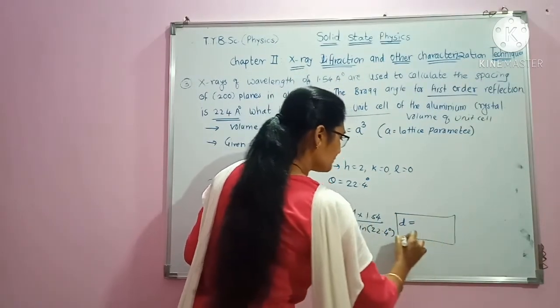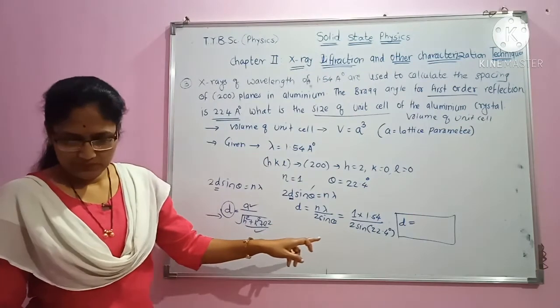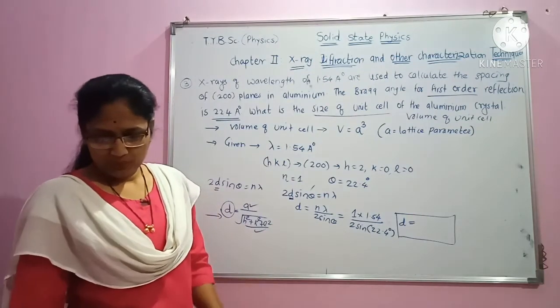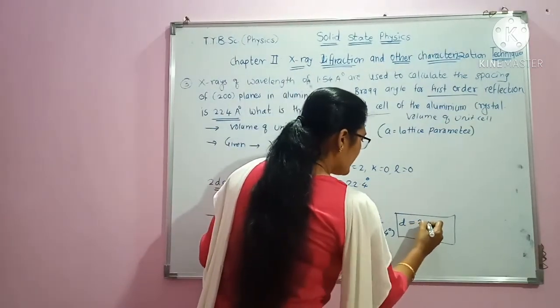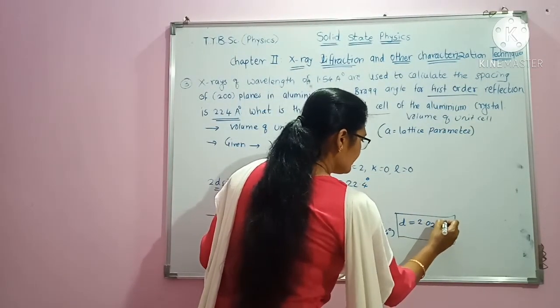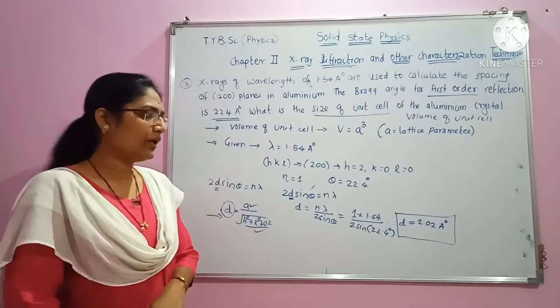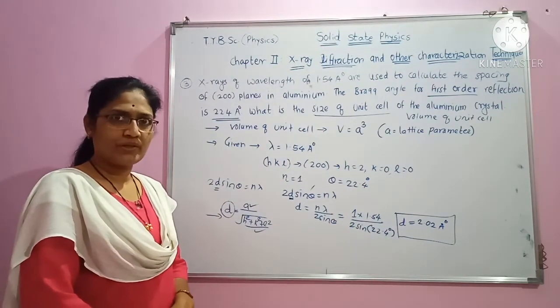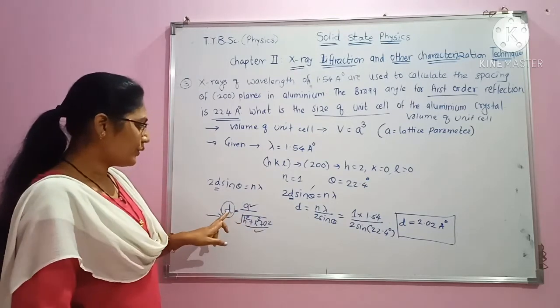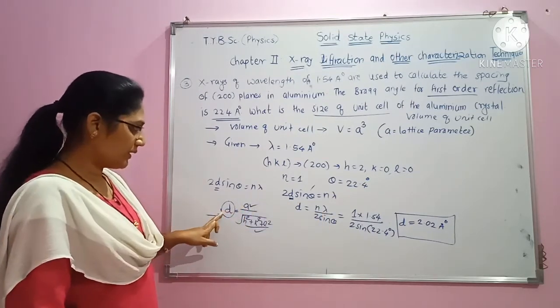We have to calculate the value of d by substituting all these values, and by solving, one can find the value of d. It comes out as 2.02 angstrom. What is the value of d? d is equal to 2.02 angstrom. Now I can use this value of d here.